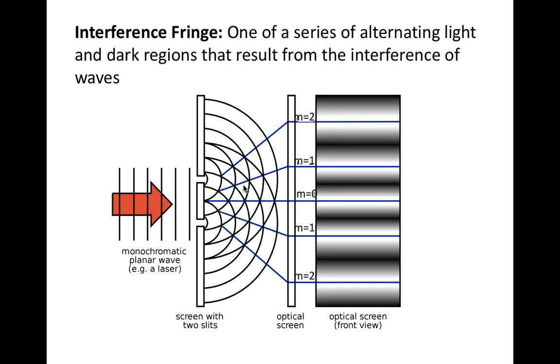Those constructive interferences end up on the screen as you're adding to the light, you're adding to the energy, so you get really bright fringes, and they're labeled m equals 1, m equals 2, m equals 0 is in the middle, and then m equals 1, m equals 2.